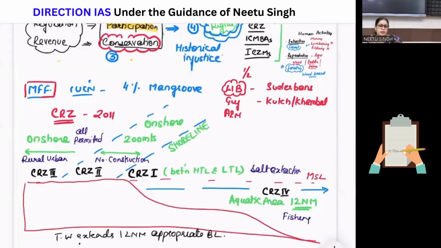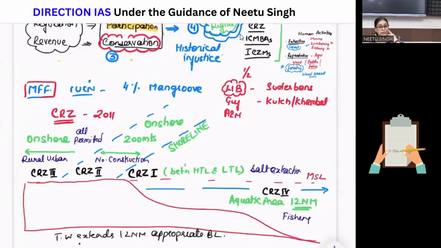Now tell me yourselves, and I want the answer. As soon as I'm learning MFF, mangroves for future, and I want to take CRZ as my reference, can you tell me which domains of CRZ will apply in MFF? CRZ1, CRZ2, CRZ3, CRZ4.